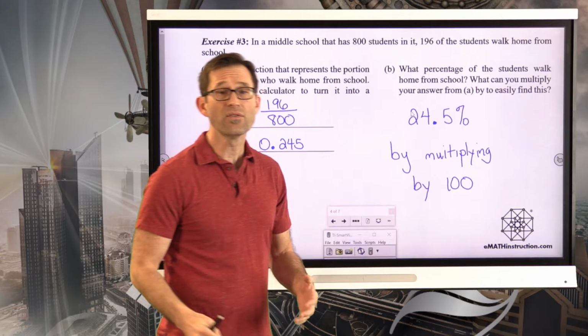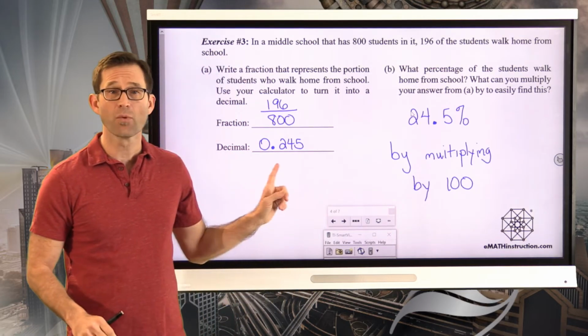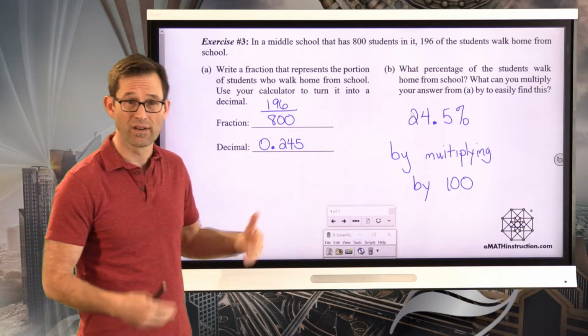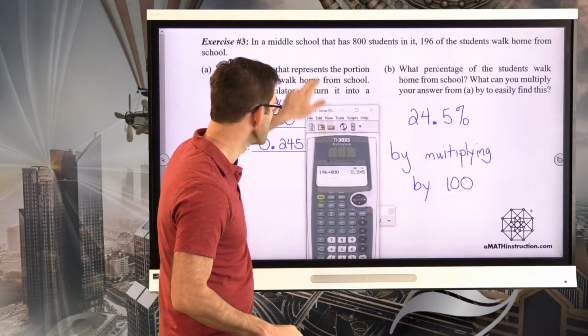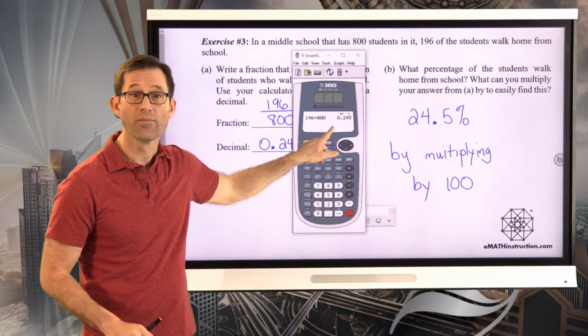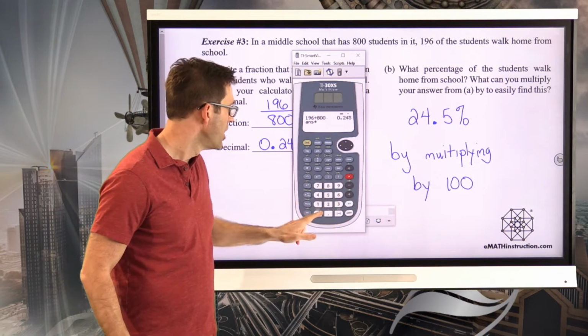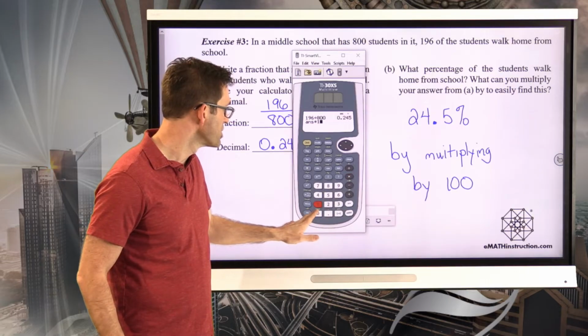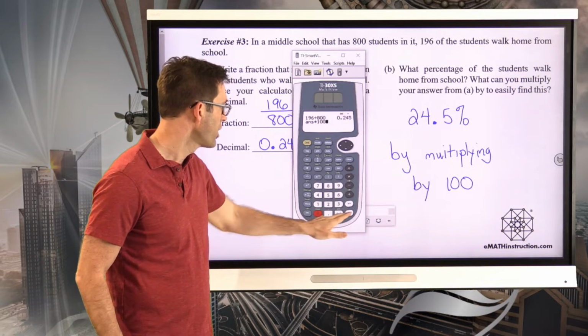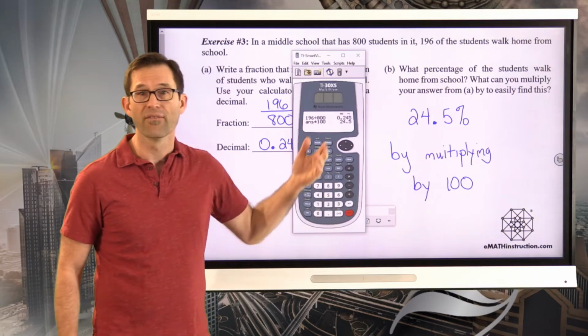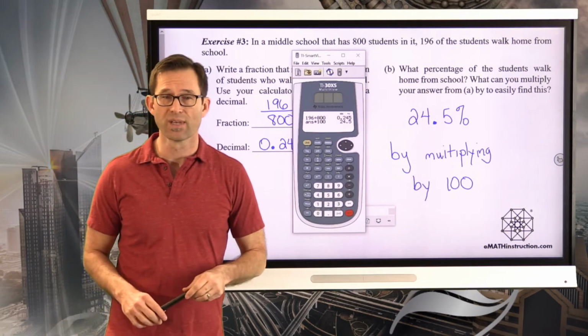So anytime you have the decimal version of the fraction that the problem represents, if I want to take that decimal and more easily think about it as a percent, nothing prevents me from just multiplying by 100, and then I have that percent, 24.5%.